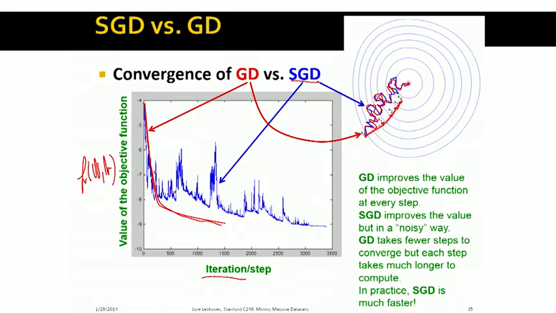Using stochastic gradient descent, the whole thing is much noisier. However, the benefit of stochastic gradient descent is that computing it is much easier, so we will be able to do many more steps than gradient descent in the same time period.